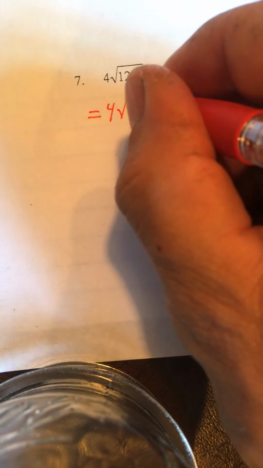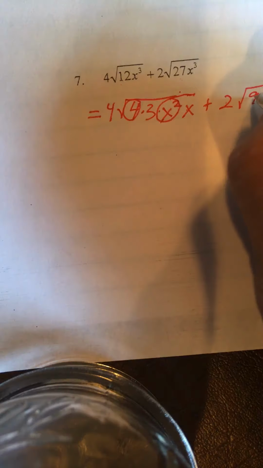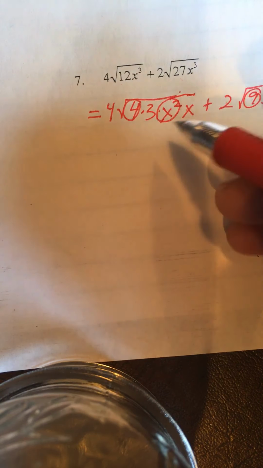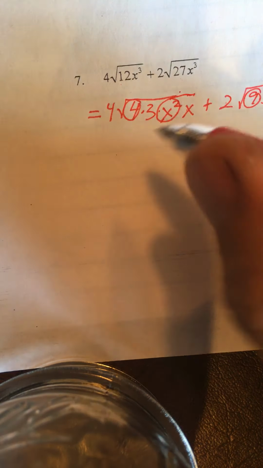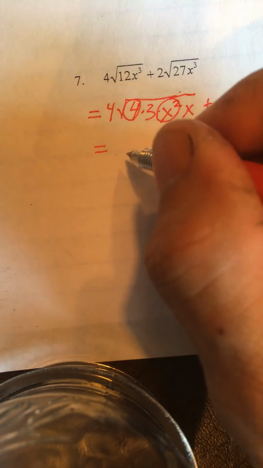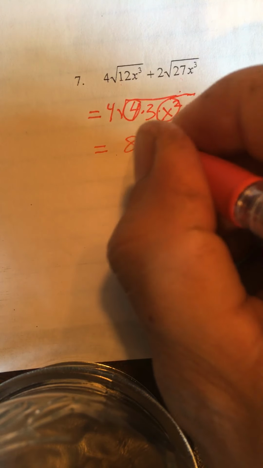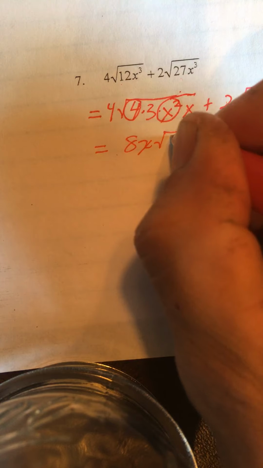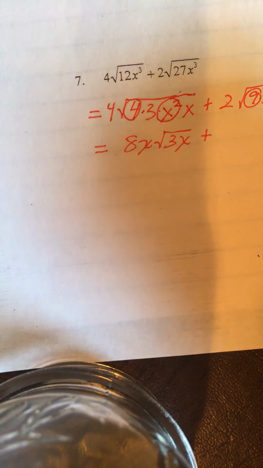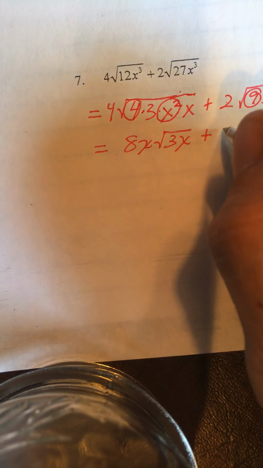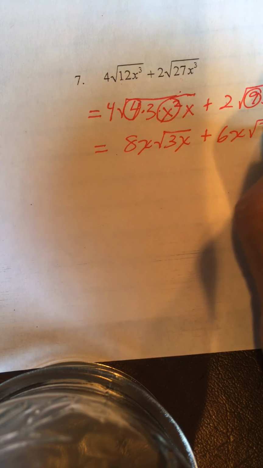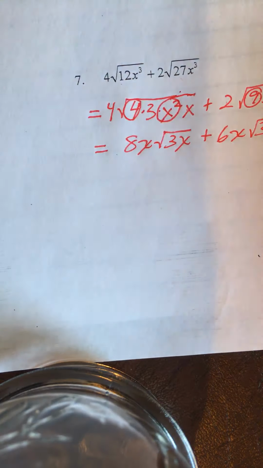We're going to circle our perfect squares. That's what we're going to pull out. So here I'm taking out a 2x. I already have a 4 here, so that's going to become 8x. Whatever's not circled is left in the house. Same idea here. I'm going to pull out a 3 and an x. There's already a 2 there, so this is going to become 6x. And whatever's not circled is left in the house.